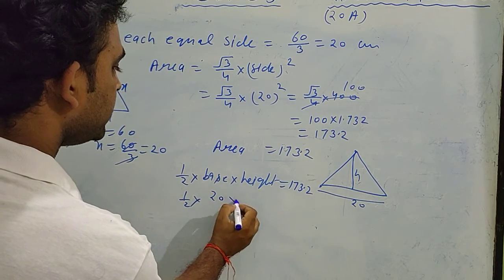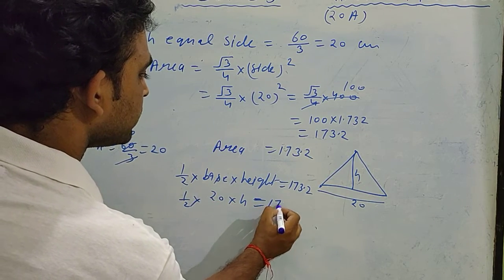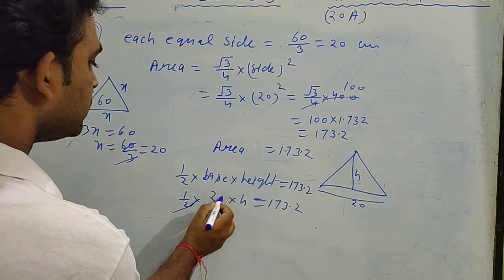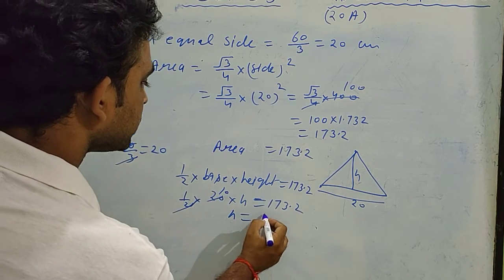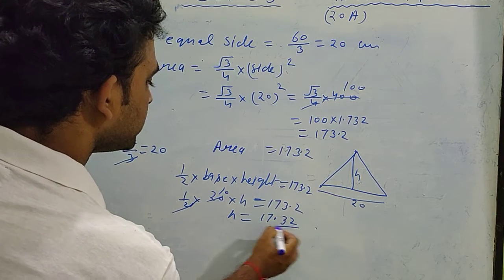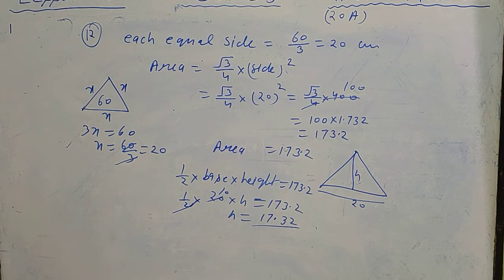So 20 into h is equal to 173.2, so h is equal to 17.32, means the height will be 17.32. Understand? First we find the side of the equilateral triangle, then the area of the equilateral triangle, then we find the height of the equilateral triangle. Understand?